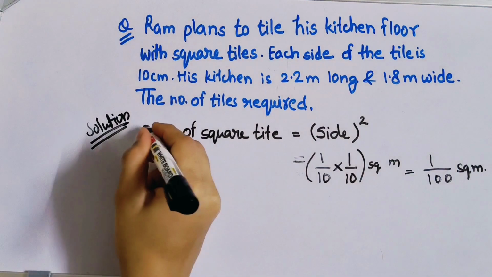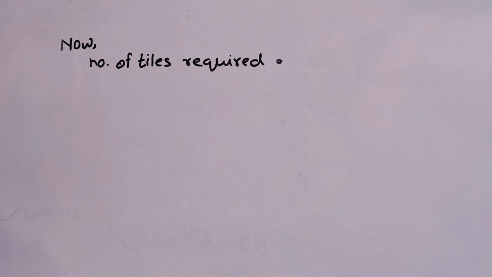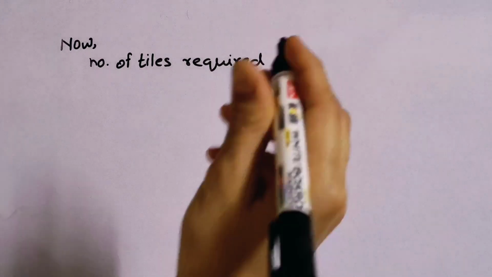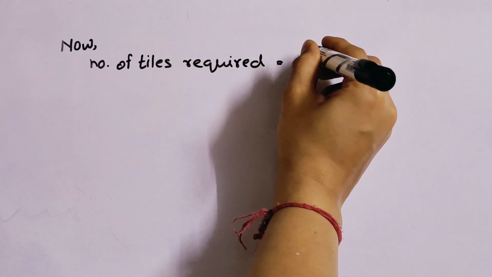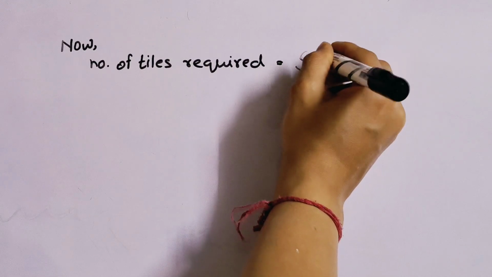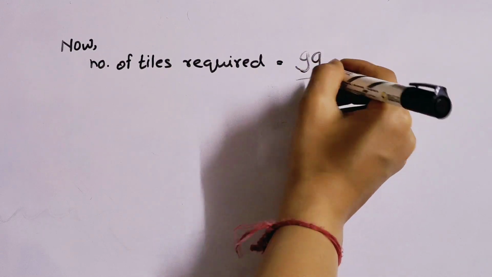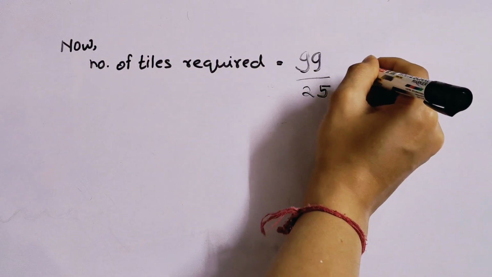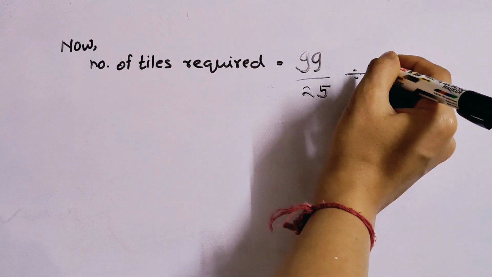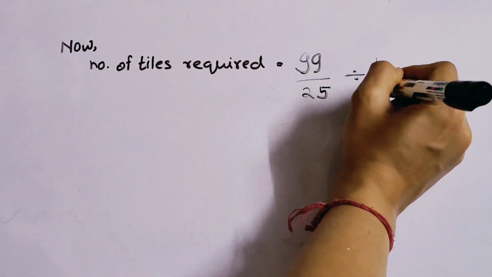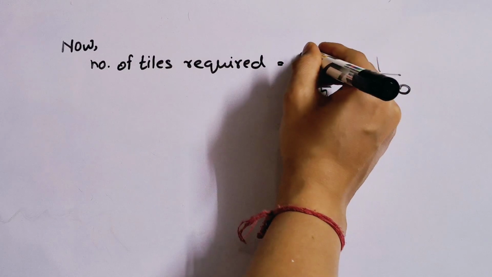Now we'll find number of tiles required. So how do we find? We will divide area of kitchen divided by area of each square tile. So our area of kitchen is 99 divided by 25 whole divided by 1 by 100.